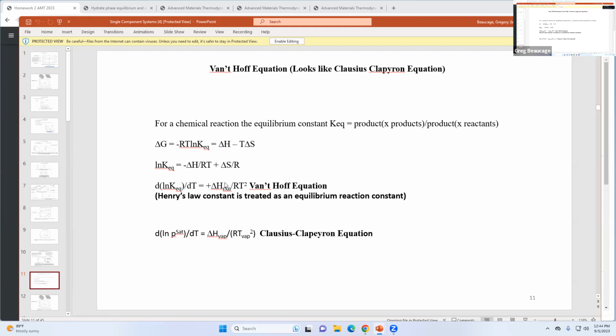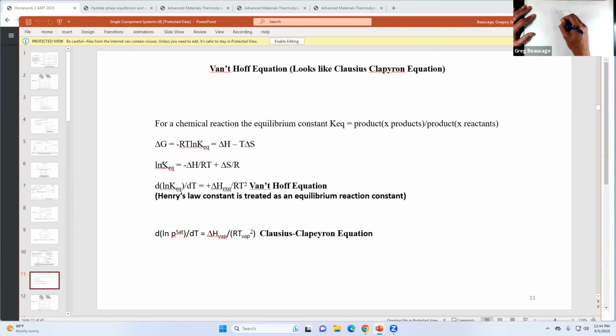And then for Henry's law, you say that this K equilibrium is a Henry's law constant. It's like an equilibrium constant. So you have a chemical reaction where you have XA plus XB going to XAB or something, right?